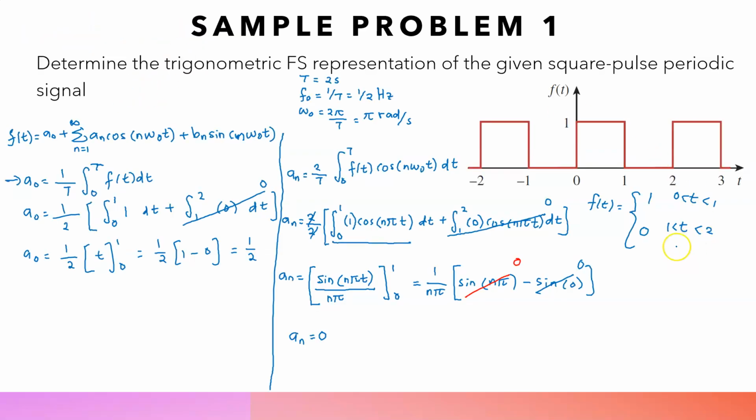Okay, now for bn equals to 2 over T, again integration over the period, f of t multiplied by sine n pi t dt. Okay, so we still use this definition of the signal.